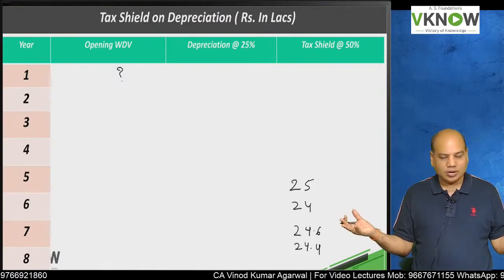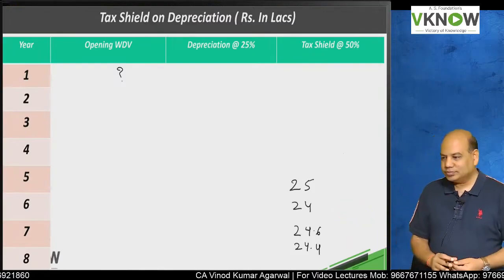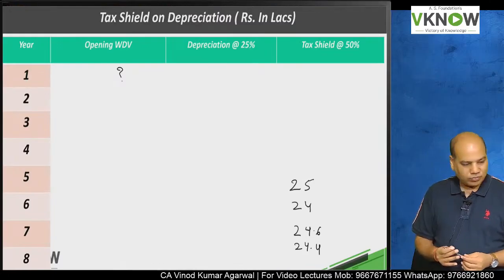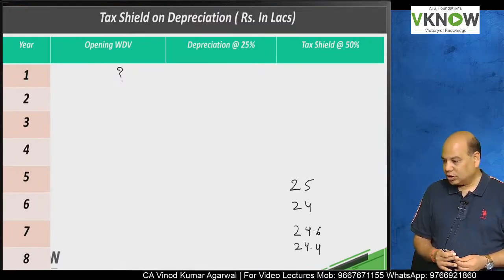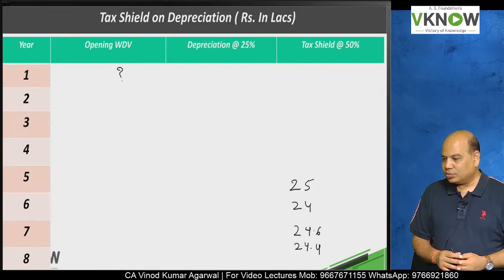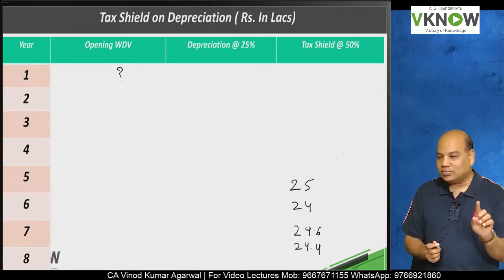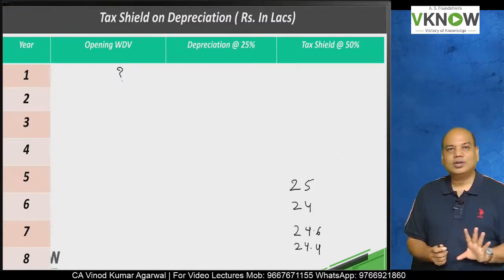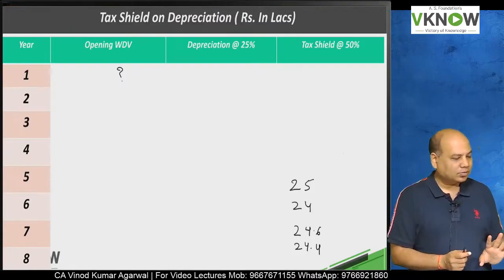Please reply. Otherwise, I will just go ahead without discussion. Anybody answer for opening WDV, because if that number goes wrong, all your 8-year calculation will be wrong.